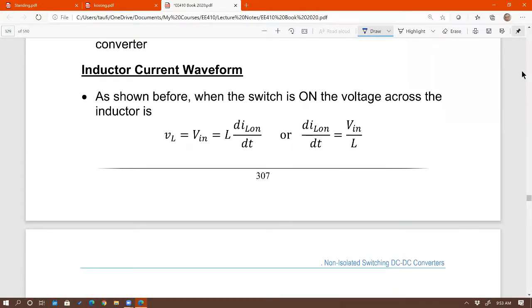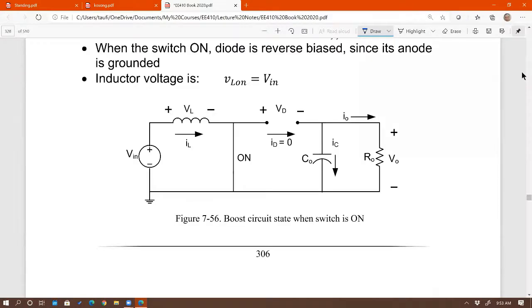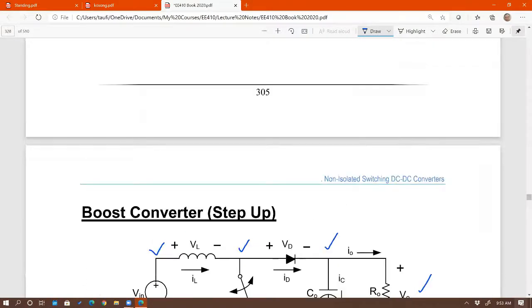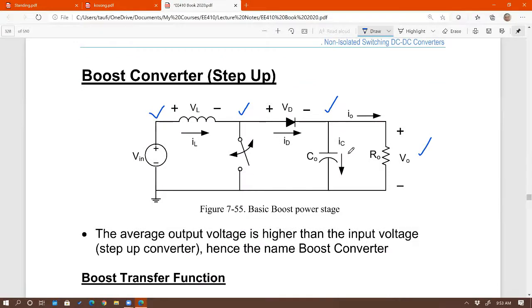So if I go back to this previous circuit right here, right? What's interesting is that by moving the inductor from the output to the input, we are reversing the function of the circuit.